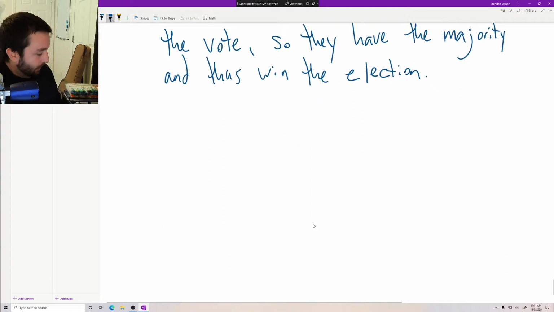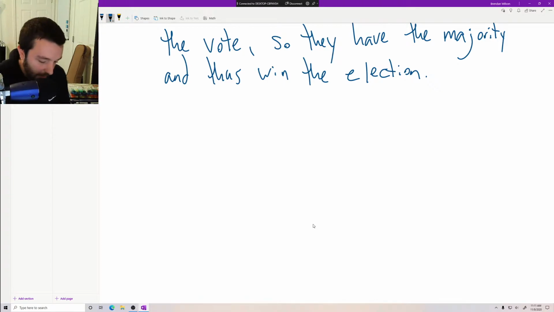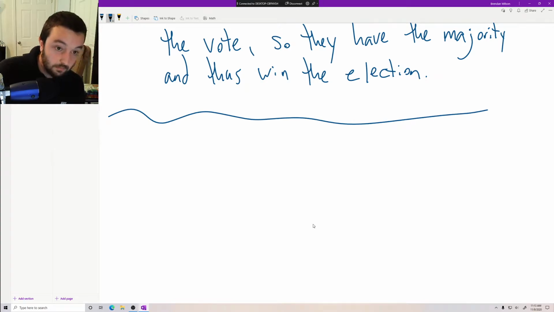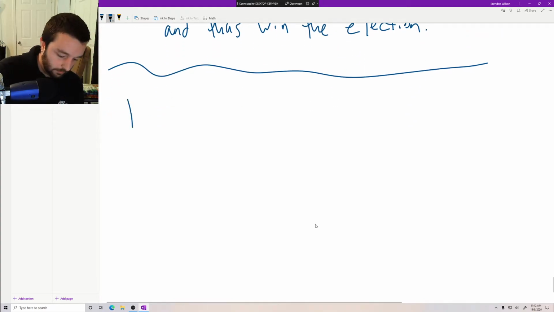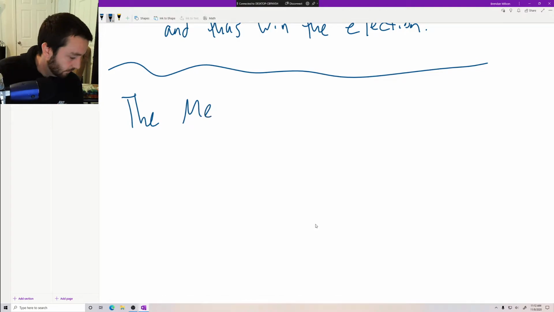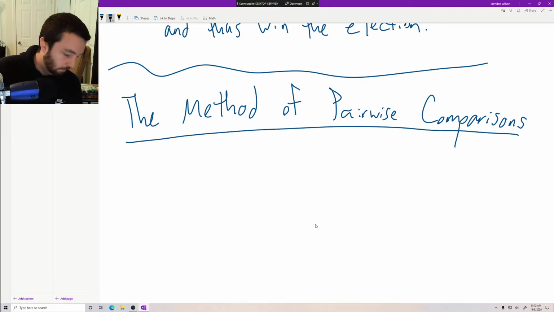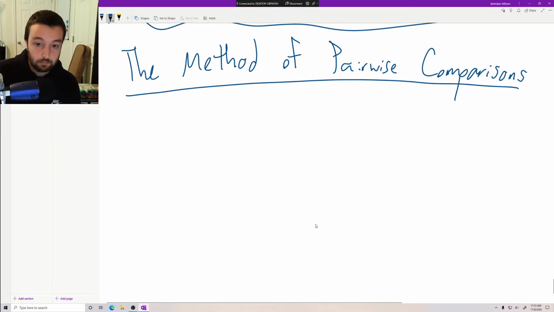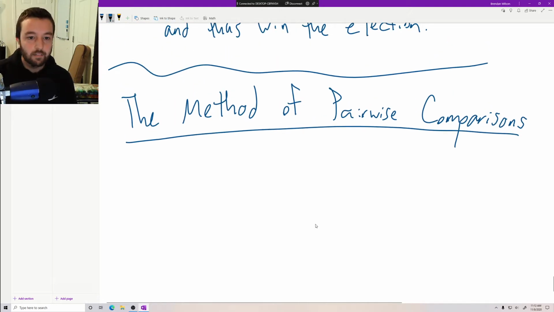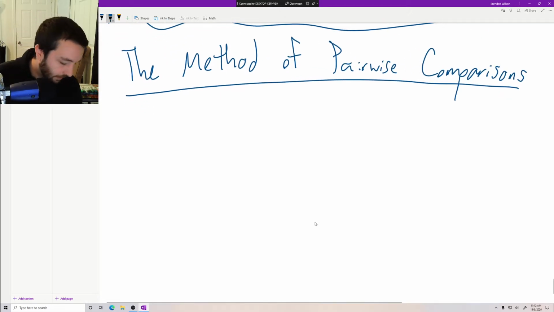All right. So anyway, let's talk about the last method now. This is called the method of pairwise comparisons. This is where we have a head-to-head matchup.